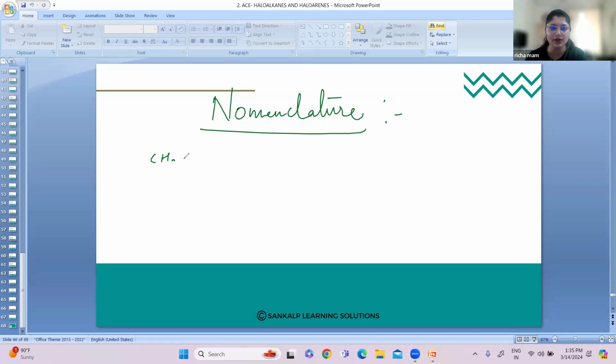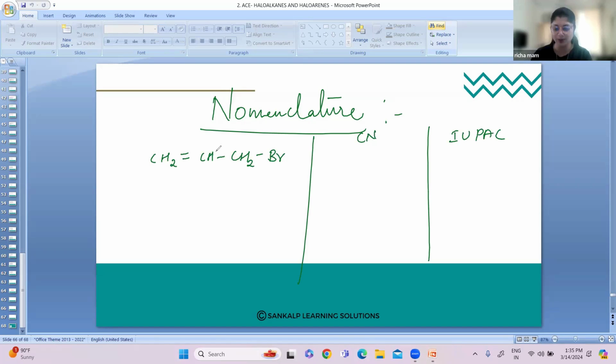The first structure which I had given was this. We were discussing the common name as well as the IUPAC name. Please tell me the common name as well as the IUPAC name for this particular structure.